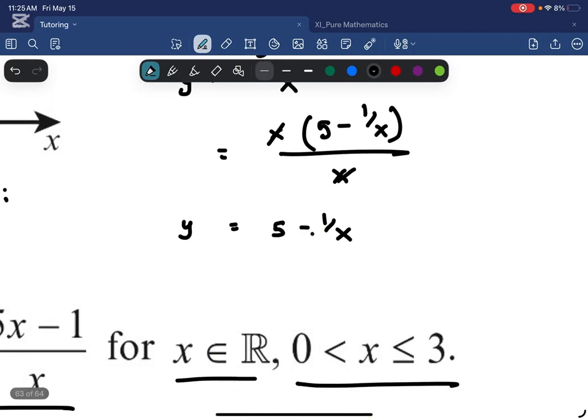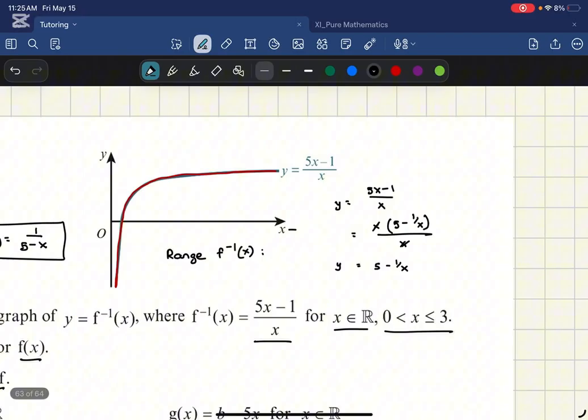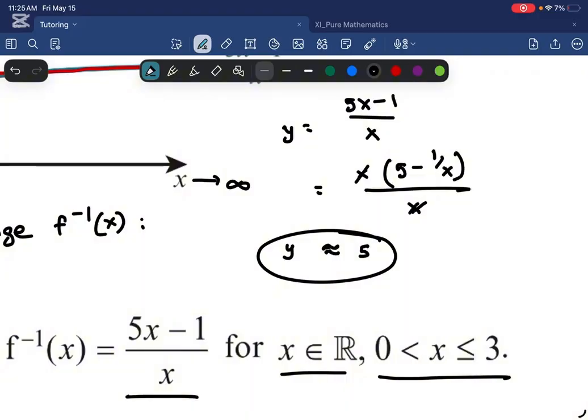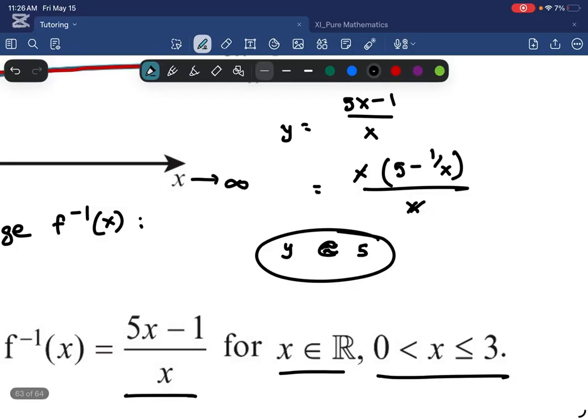Now if I take really, really big values of x, as x tends to infinity, this is going to become 0, right? 1 divided by a very big value of x is going to get closer and closer to 0. So y gets closer and closer to 5. We will discuss this more when we discuss asymptotes, but we have a horizontal asymptote at y equal to 5. So y approaches 5 as x approaches positive infinity.